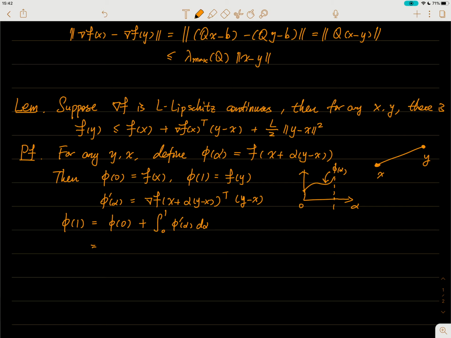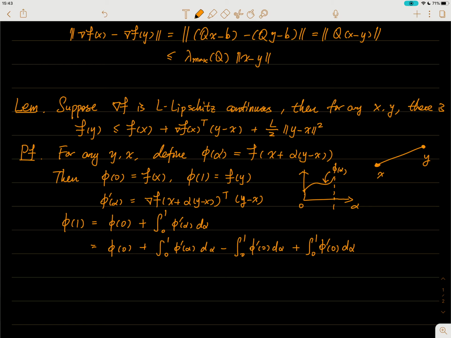And then I also know that if I add this phi prime of alpha d alpha, I can subtract first phi prime of 0 d alpha, and add it back, phi prime of 0 d alpha.